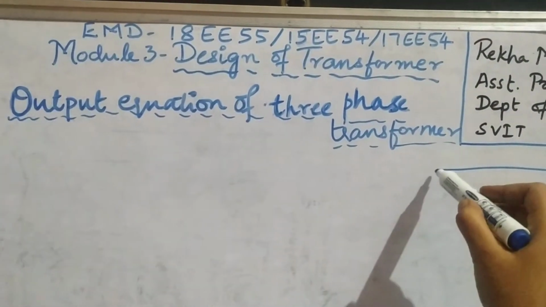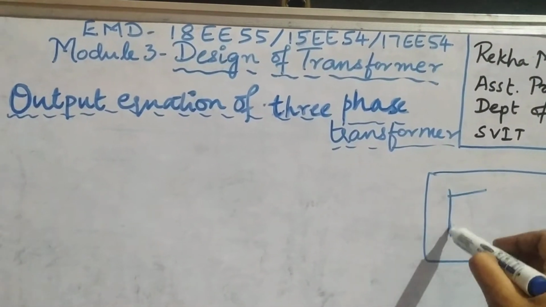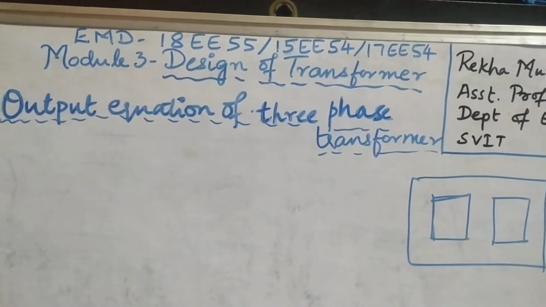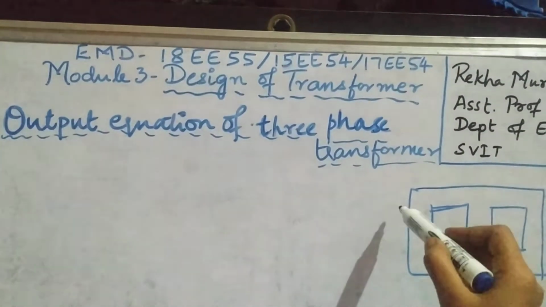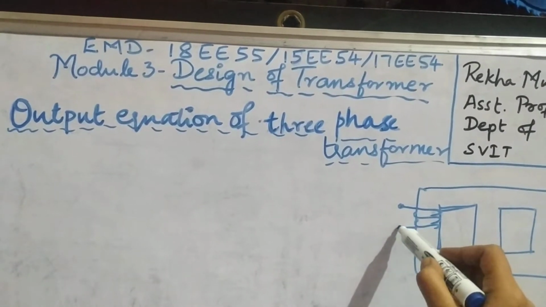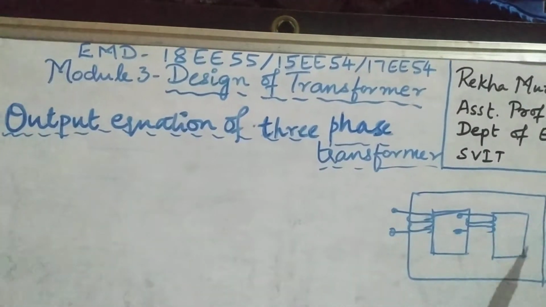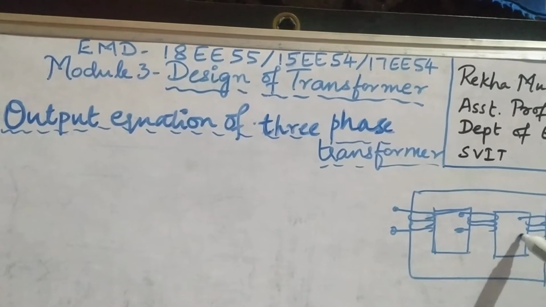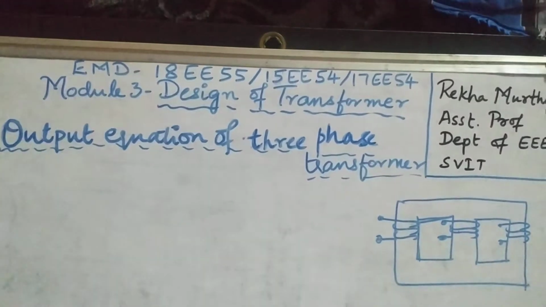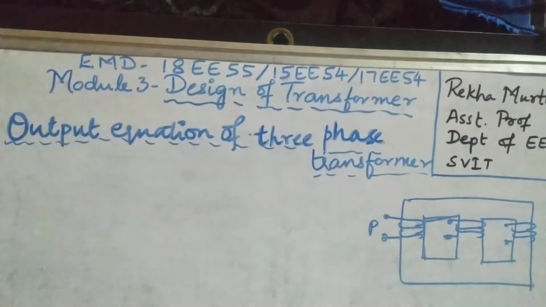In a three-phase transformer, if you take the core type, this is one window, this is another window, where the windings are placed. Here is one winding, here another winding, and here another winding. Totally we want three-phase supply R, Y, B. All these will be connected to the primary side.